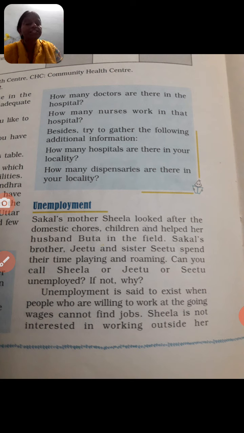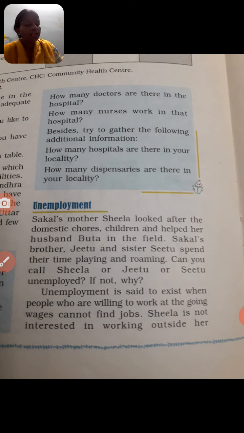The work that she did at home for her family and in the field, she was not getting paid for. So housewives who work at home are not paid for their work. But the moment they do the same work in other houses and go out for that work, they start earning. So the women who work at home and help their family, whose work is not paid, and who are not willing to go out and earn, will not be called unemployed.